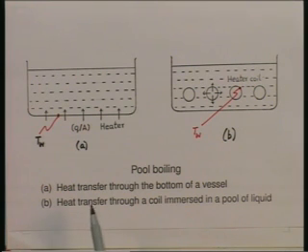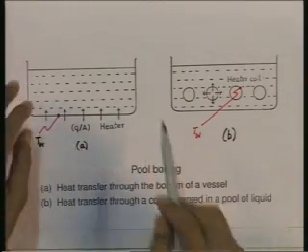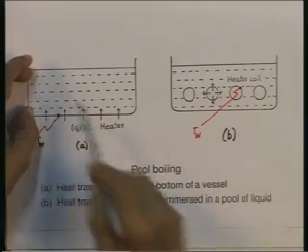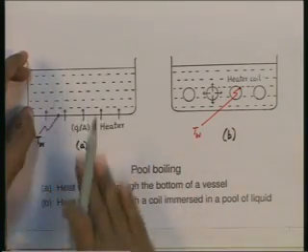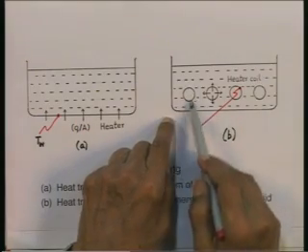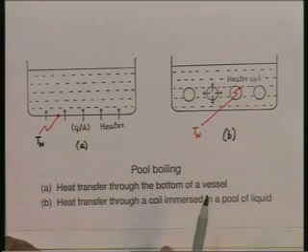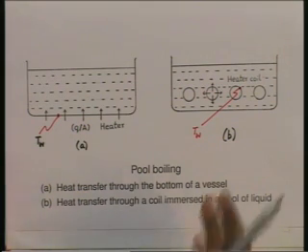In this particular example that I am showing you, note that the liquid is contained as a pool in a vessel. Out here it is in a pool and heat is being supplied from the bottom. Out here also the liquid is in a pool and heat is being supplied through a heater coil. That is the only difference. But in both cases, the liquid is in the form of a pool in some vessel.